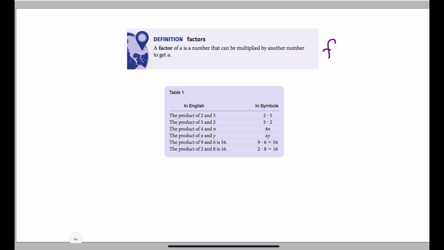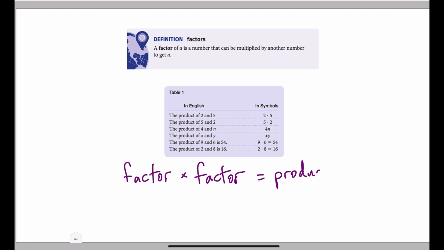So a factor times another factor, and in fact, let me back up here and do this somewhere where I have enough room. A factor times a factor equals a product. So the result of addition is a sum, the result of subtraction is a difference, and the result of multiplication, a factor times a factor, is a product.